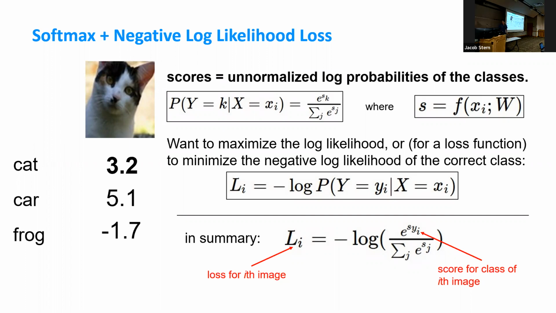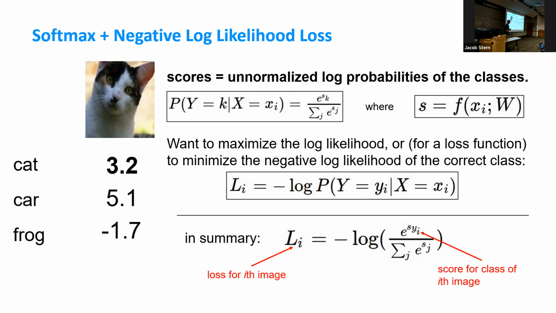Okay, so we wrapped up last time talking about how we encode a real world objective into math. And we arrived at this softmax negative log likelihood loss function, or you could say like inverse success function.